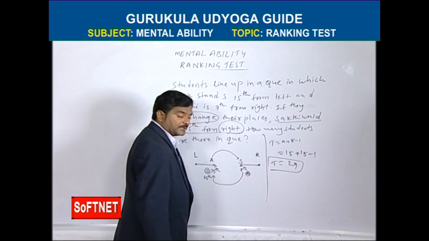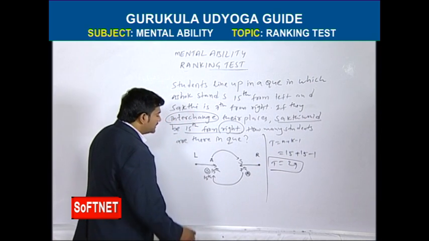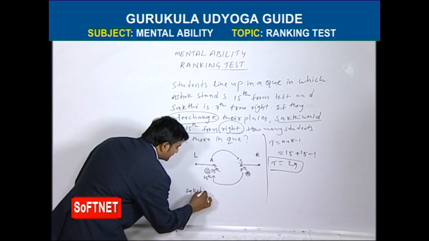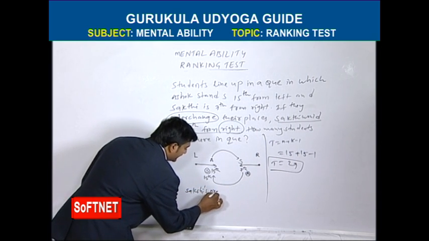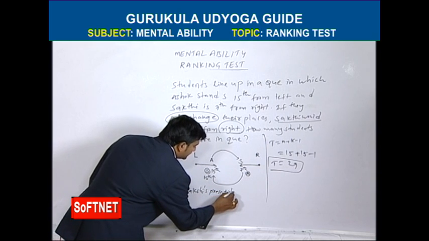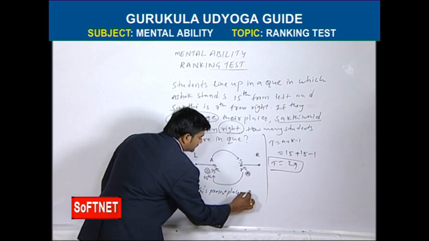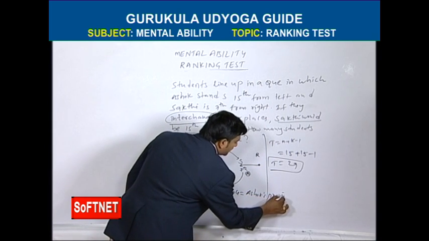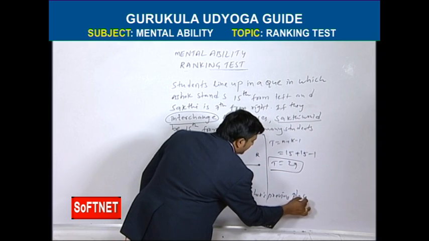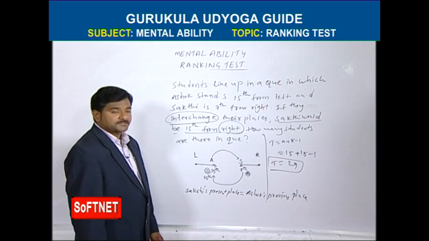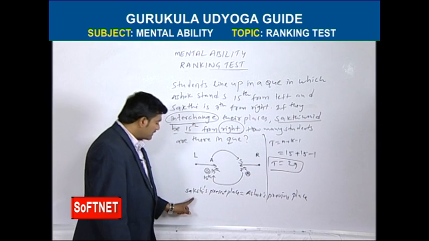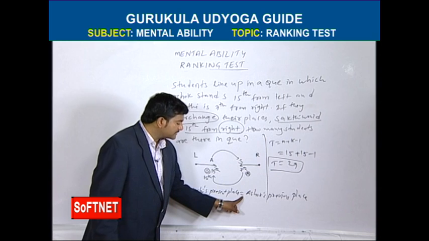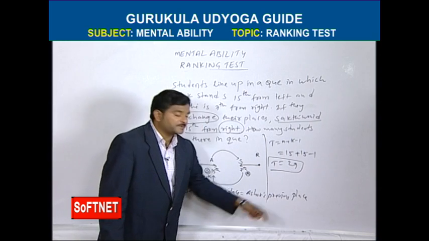What am I getting? 29. Here, one thing you need to remember: Shakti's present place is equal to Ashok's previous place.